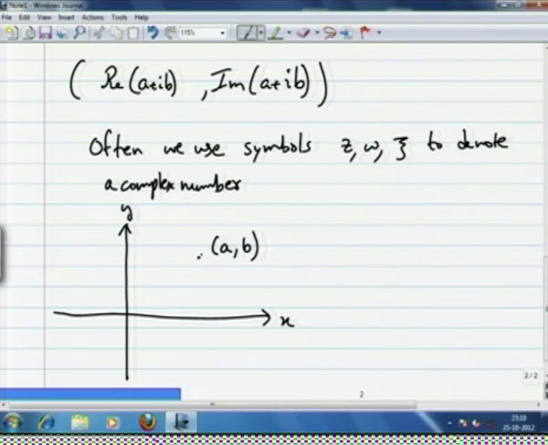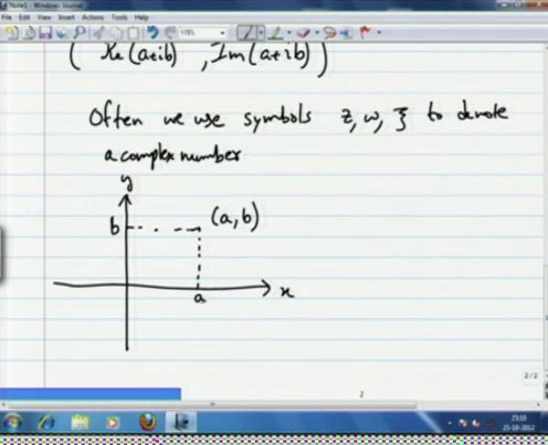So, the point a comma b falls in the first quadrant, and this height is your b, and this distance from the y axis is a. Okay. So, this is the point a on the x axis and this is the point b on the y axis. And so, a is the real part of a plus I b and b is the imaginary part. Okay. So, owing to this fact, this is called the real axis and this is called the imaginary axis.